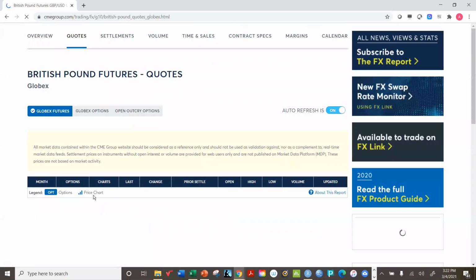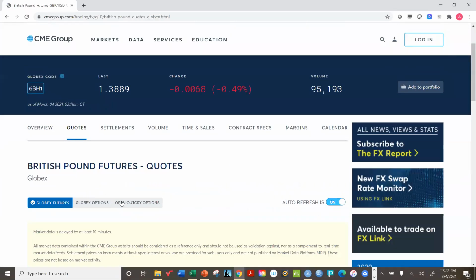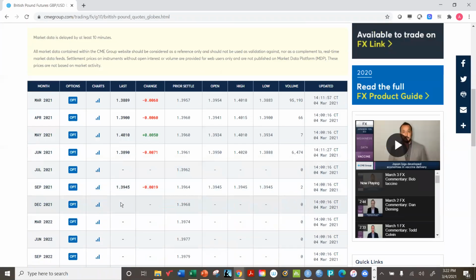is that unlike forward contracts, there's only a handful available. So look at this chart. If I decide to enter into a contract to buy British pounds, let's say in May, the price that I'll pay in May is 140.10.